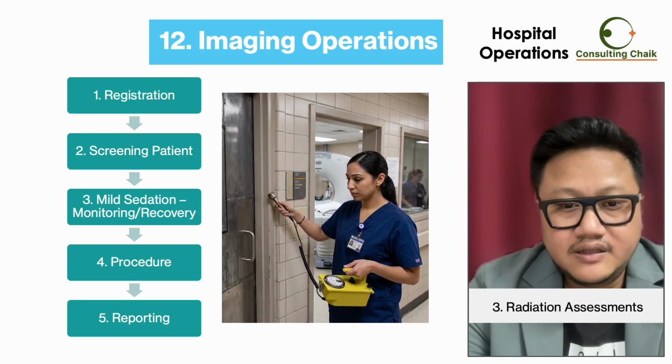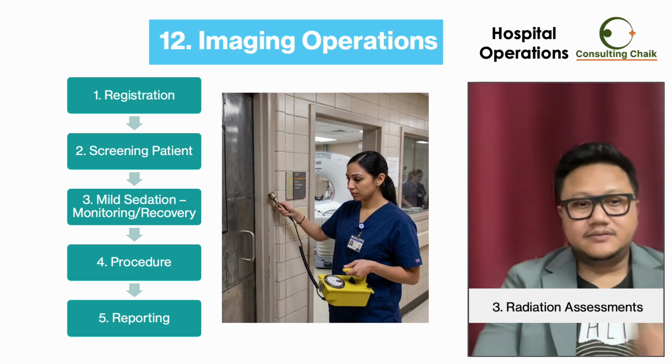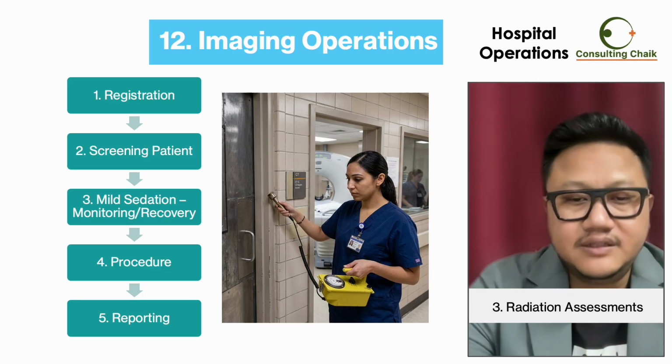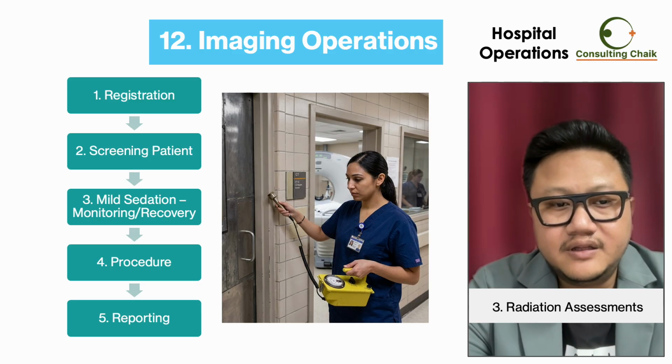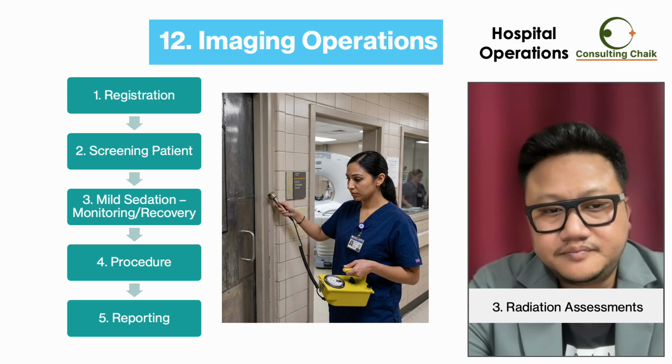Okay. And the radiation assessments. So there are certain third-party agencies. You have to call them, and they check the radiation levels in different places, and then they give you a report.